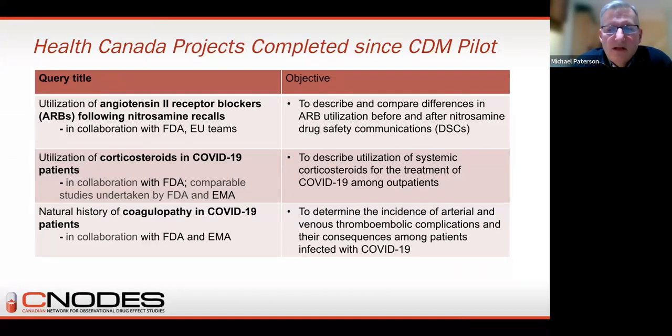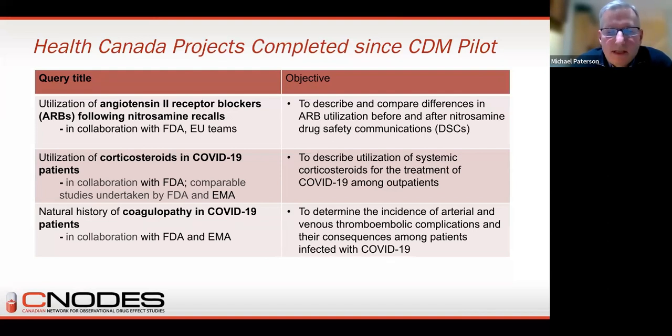The later two are COVID related and grew out of an international consensus of the regulatory authorities. A COVID-related work plan was developed, and a series of studies grew out of that work plan, the two that we undertook here across Canada, the US, and Europe.